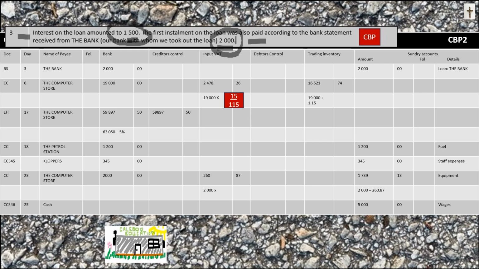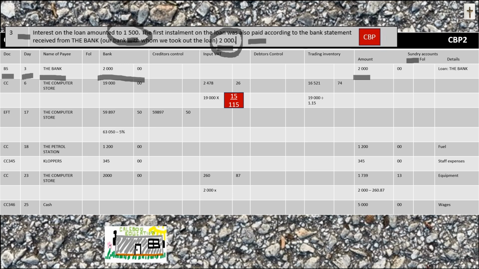So let's have a look at recording this 2,000 installment. We picked up this information from the bank statement. So the document is the bank statement. The day was the 3rd. Who is being paid? The bank with whom we took out the loan. What came out of our bank account? 2,000. And what was it for?